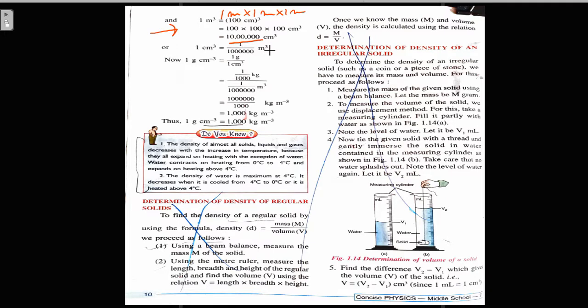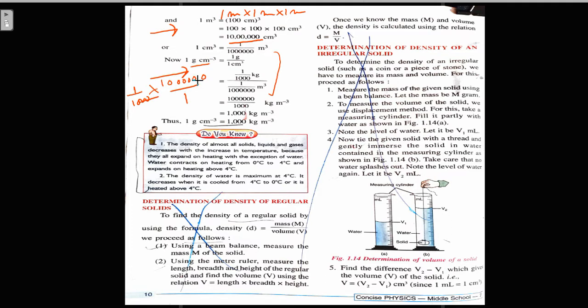In the same way, this is the conversion of 1 gram per centimeter cube into kilogram per meter cube. 1 gram equals 1 upon 1000 kg, as we have seen on the previous page, and 1 centimeter cube equals 1 upon 10^6 meter cube.